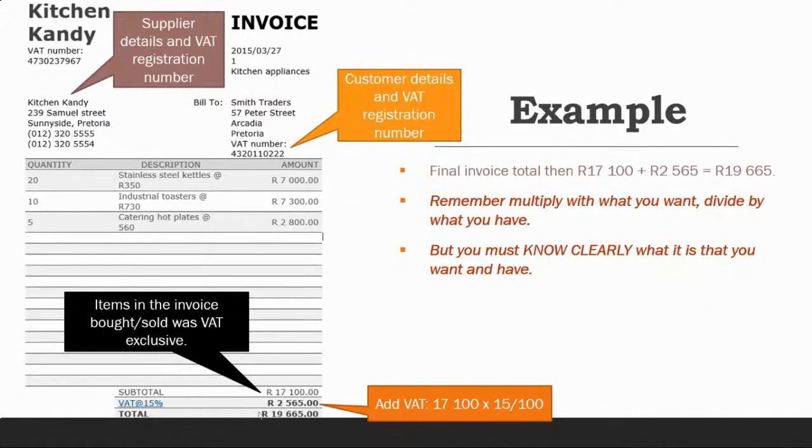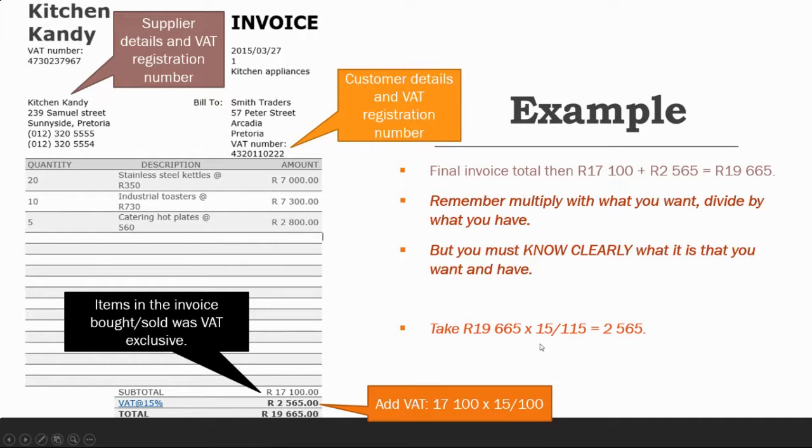Now you need to remember that which one you have will determine what you multiply it with and what you divide it by. You multiply with what you want, you divide by what you have. And you need to make sure that you know the difference between what you have and what you want. So let's say they gave us the VAT inclusive amount of 19,665 Rand. You would multiply it with 15 over 115.